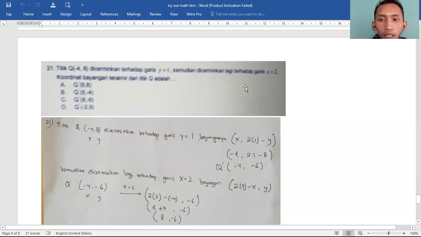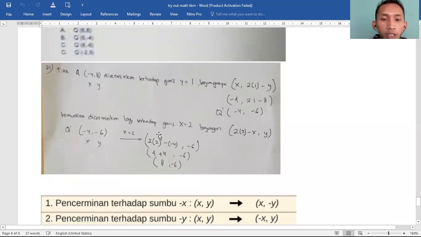Kemudian dicerminkan terhadap garis X sama dengan 2. Gimana kalau misalnya dicerminkan terhadap X sama dengan 2? Bayangannya gimana? Karena dicerminkan terhadap X, jadi Y-nya akan tetap.